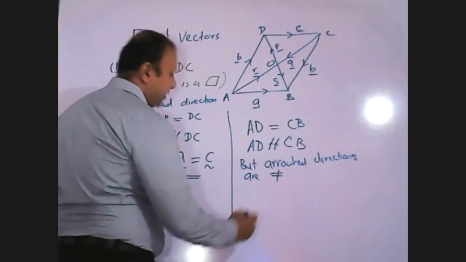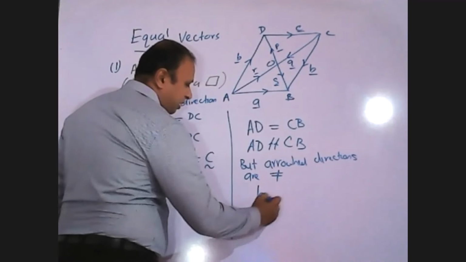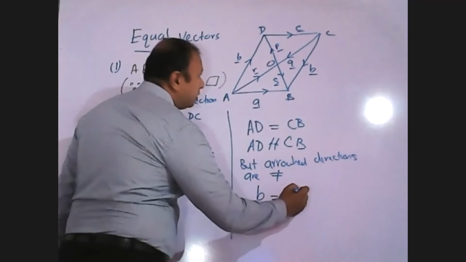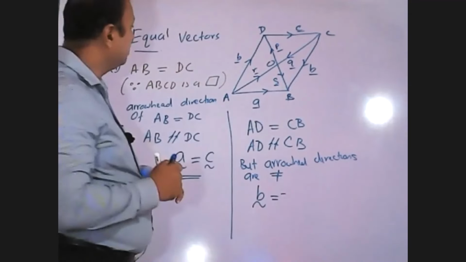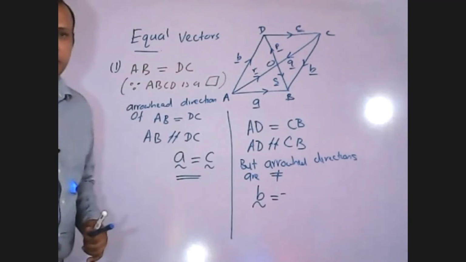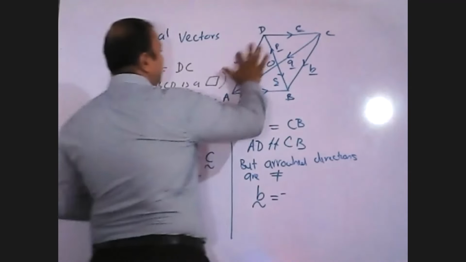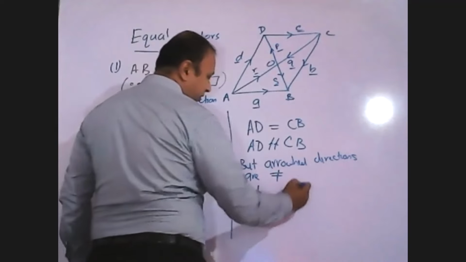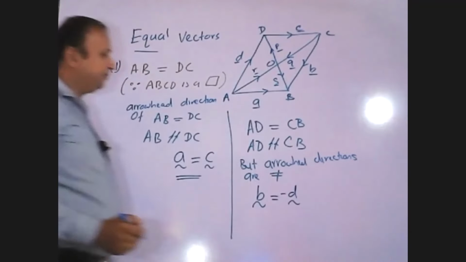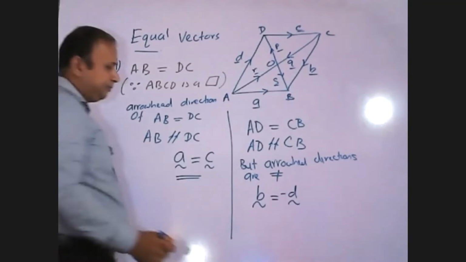Then we can say B vector is the negative vector of D. Wait, this is D. B vector is the negative vector of D.